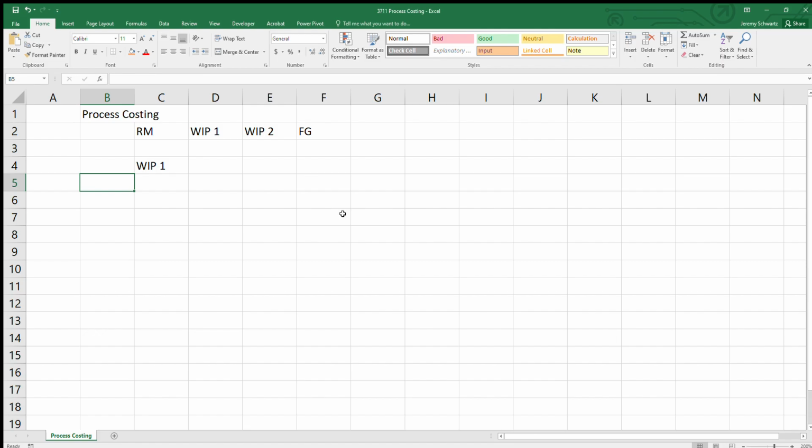And so what we need to figure out is how far in the process we are in terms of figuring out how many physical units we have.